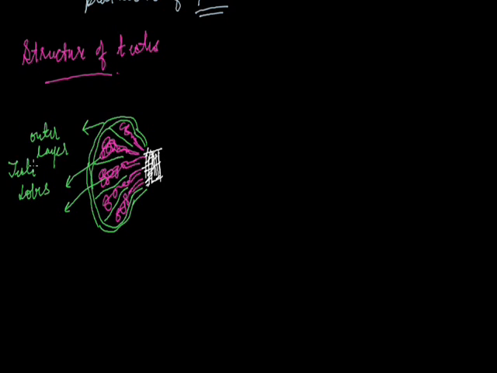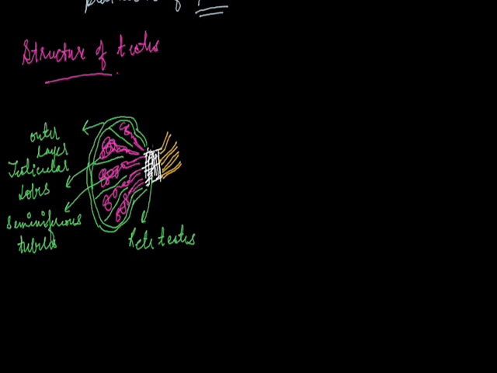Testicular lobes. These are the seminiferous tubules. And this is the rete testis. From this rete testis arise fine tube-like structures which unite at the epididymis.